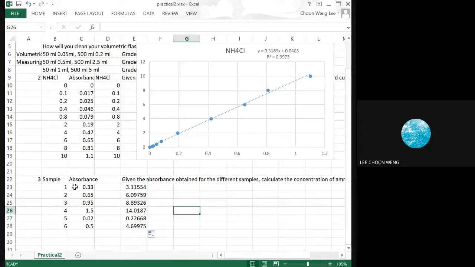Okay, is there any problem here? Do you all see any problems with this?